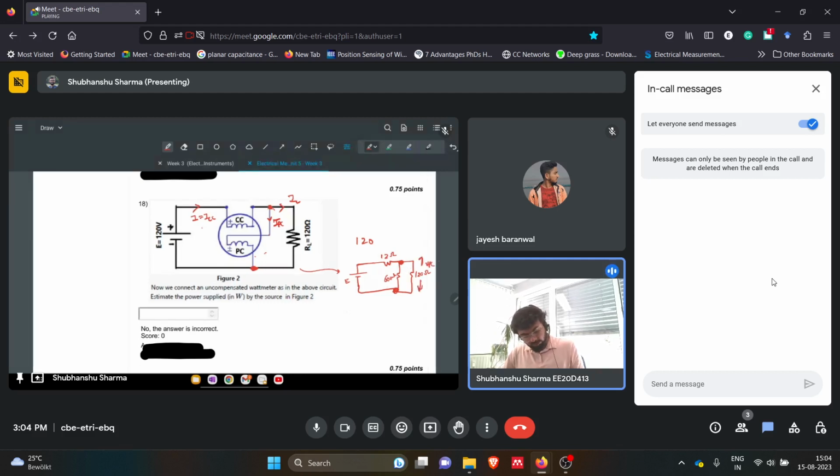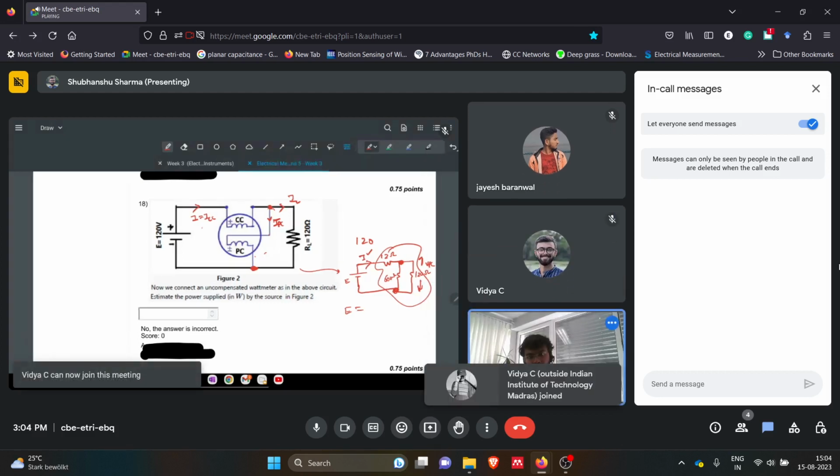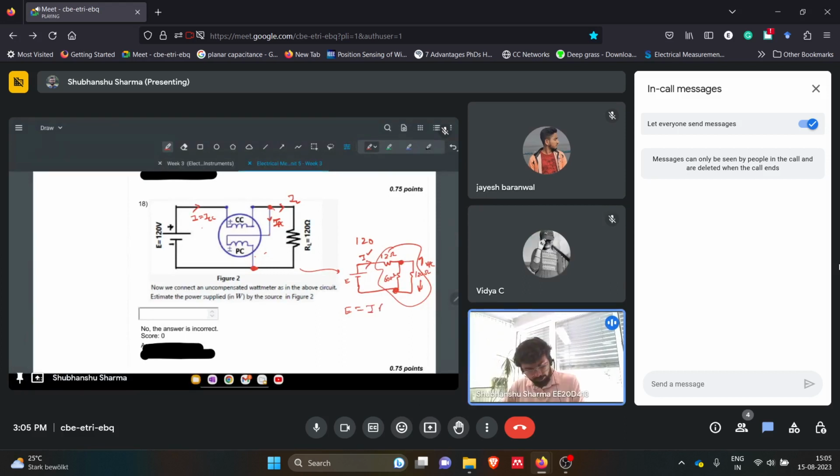We are calculating this current I. So we get the full resistance. E will be I into the total equivalent resistance, REQ. The equivalent resistance will be 12 plus 600 parallel to 120.